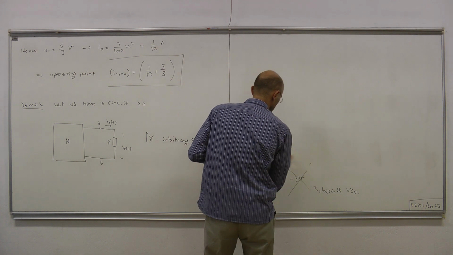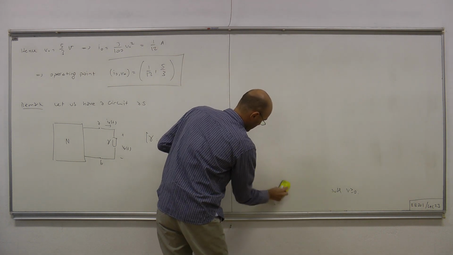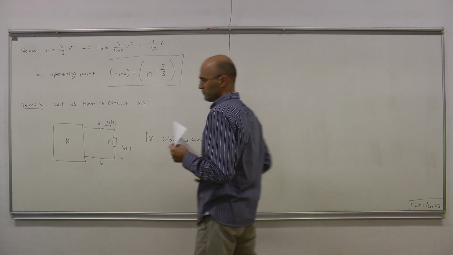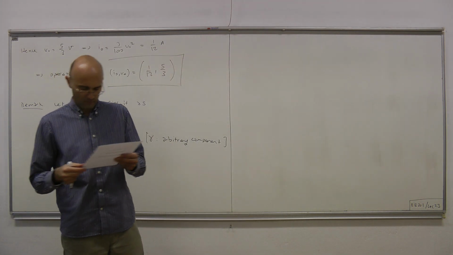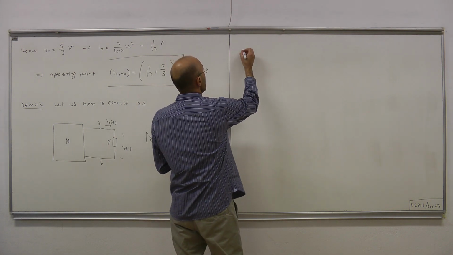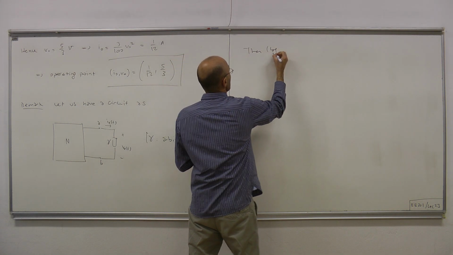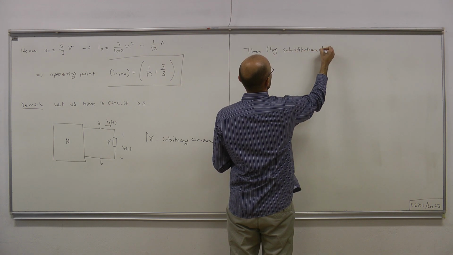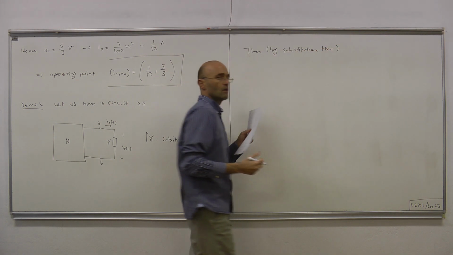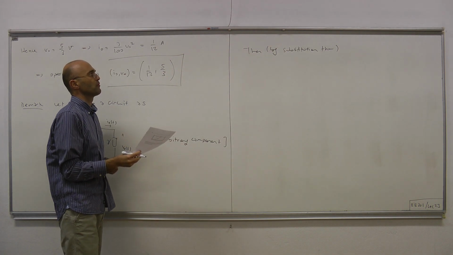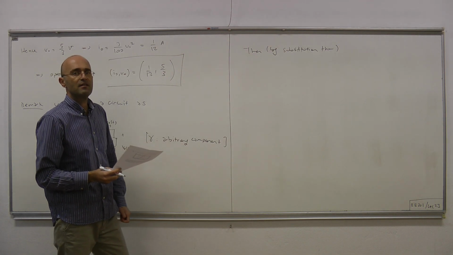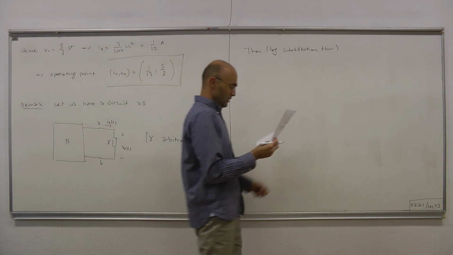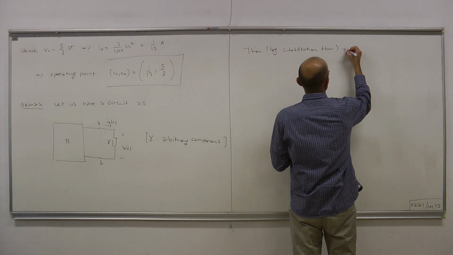That's the beauty of the substitution theorem. Then, by the substitution theorem, one of the tools that we have seen earlier in the course, we can make the following substitutions.